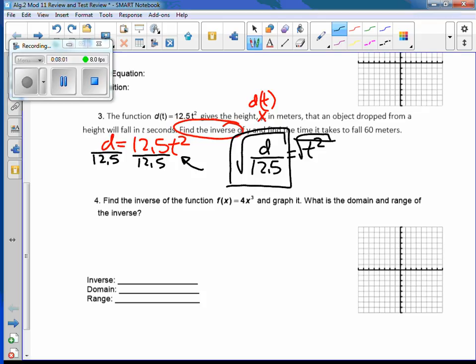And then it says, find the time it takes to fall 60 meters. So how long would it take? We're going to take the square root of 60 over 12.5. And then if you plug that in your calculator, let's see, what do we get?